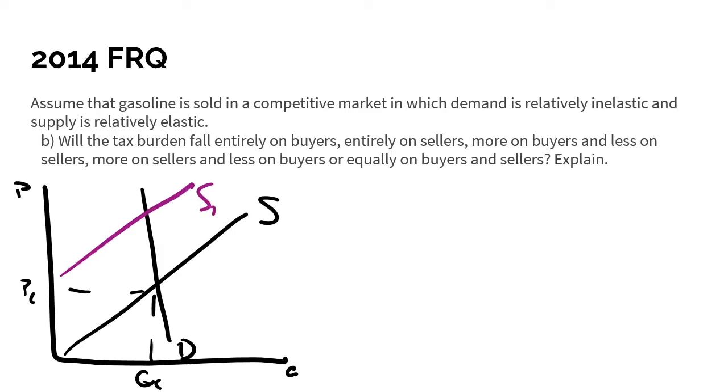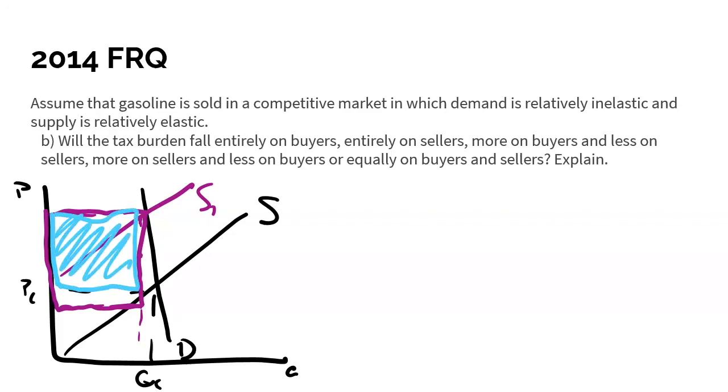And then we had the imposition of the excise tax. If you notice, this purple box represents the area of the tax revenue. In blue represents the area that consumers, or buyers, are paying. And in green represents the area that producers are paying. So just based on this graph, where does the tax burden ultimately lie?